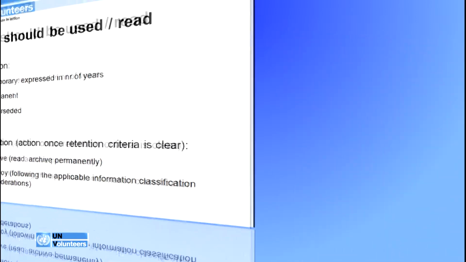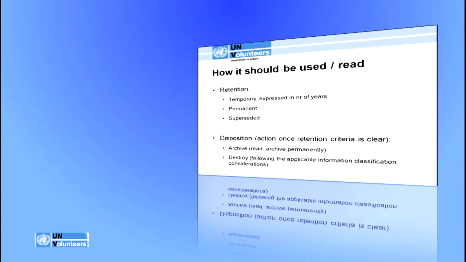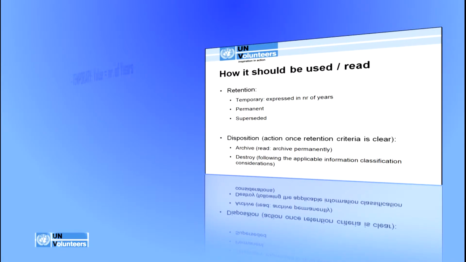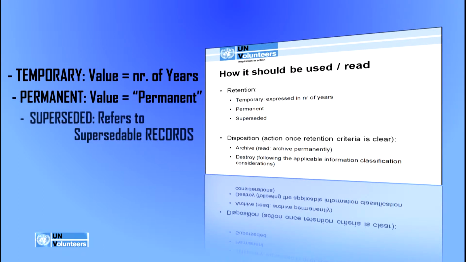How should the retention schedule be read? The UNV retention schedule lists the following values. Temporary value equals number of years after record creation, for example 7 years. Permanent value equals permanent. Superseded refers to a supersedable record which stays there forever until superseded by a new version.